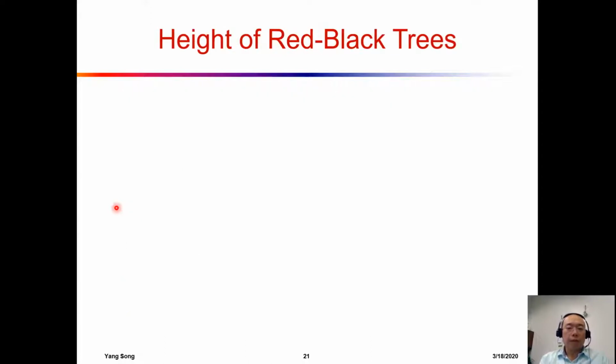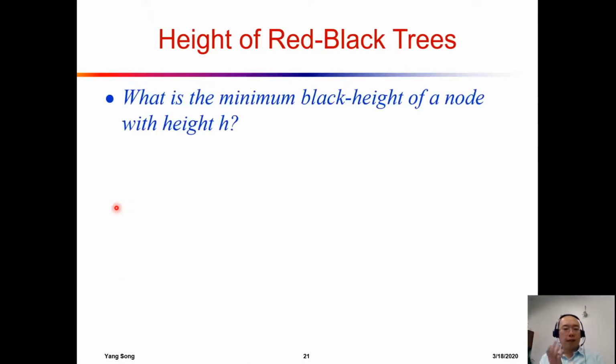Okay, so the next thing, after having all those properties and the definition of the black height, remember the goal is we want to prove that for a red-black tree, the height will be O(log n). That is our goal. So the next question is, what is the minimum black height of a node with the height of h?